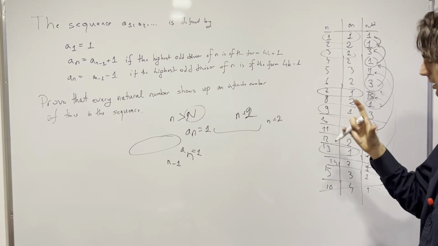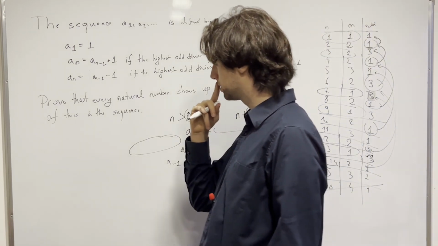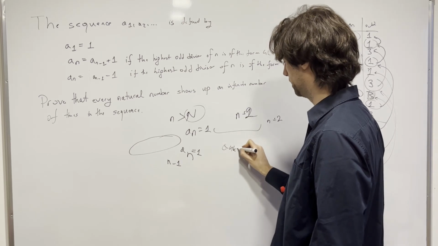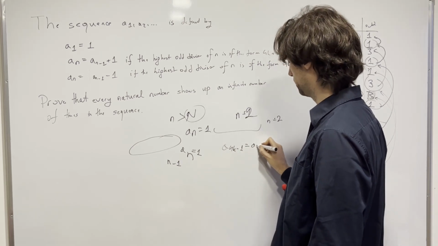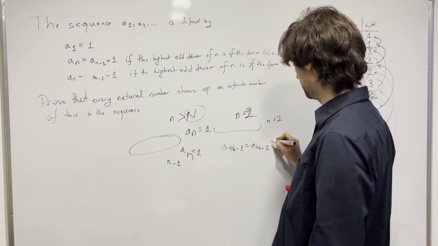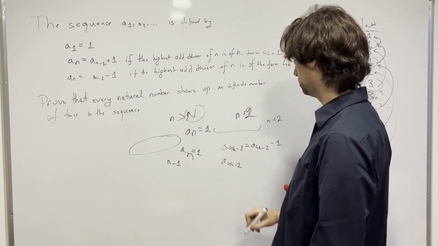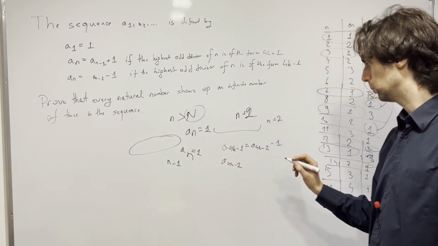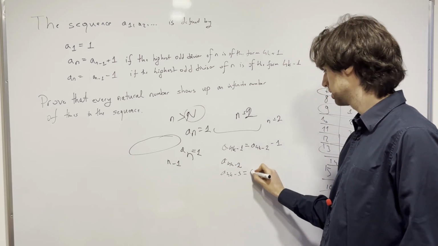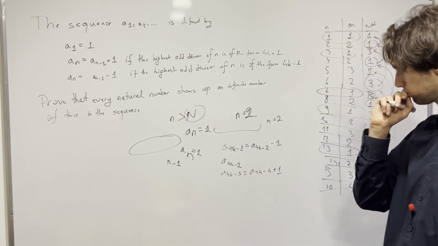So these odds alternate. We know that a_(4k-1) is going to be a_(4k-2) minus 1. And a_(4k-2), we don't know what that's going to be, but a_(4k-3) is equal to a_(4k-4) plus 1.